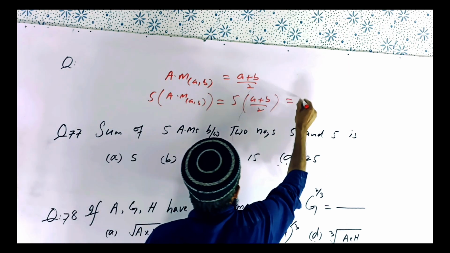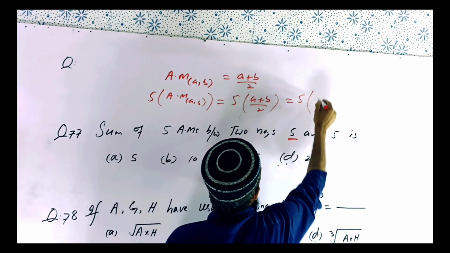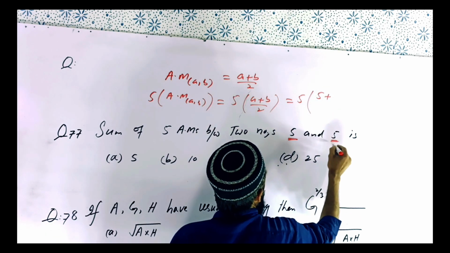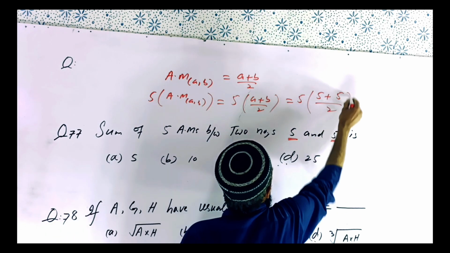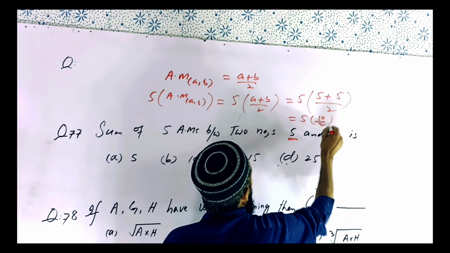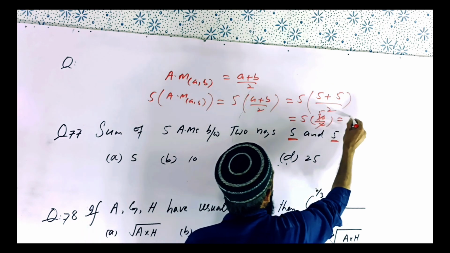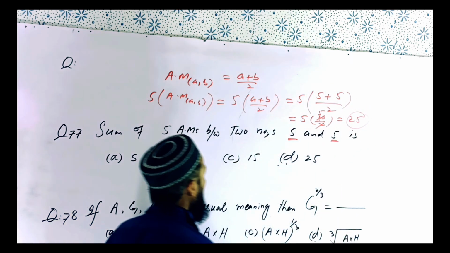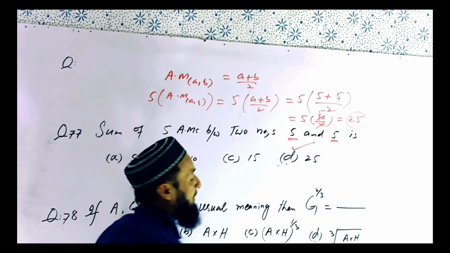So we can write here 5, a is 5 and b is also 5, divided by 2. If we add this result, we will get here 10, 10 both are cancelled, we will get 25. 25 is the correct answer. Here D is the correct answer.